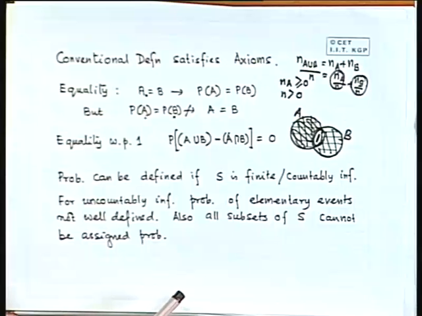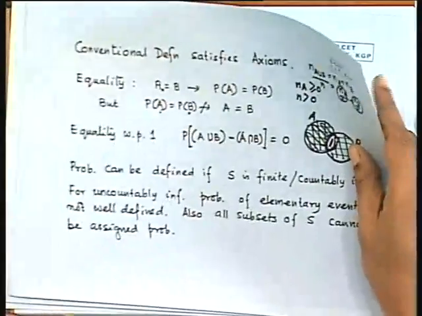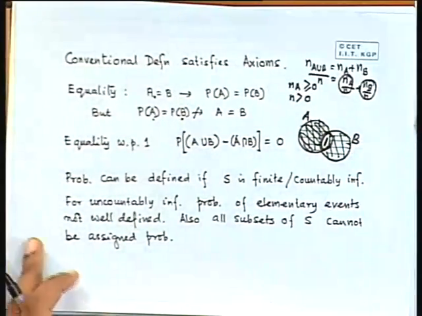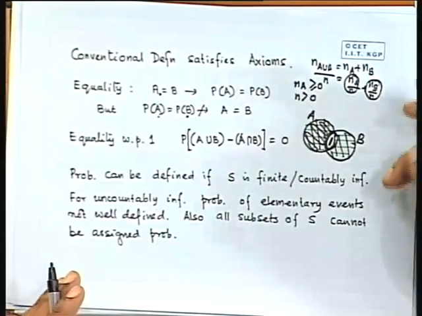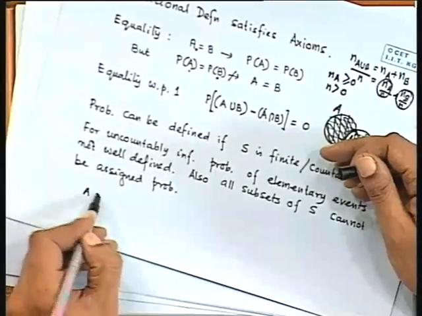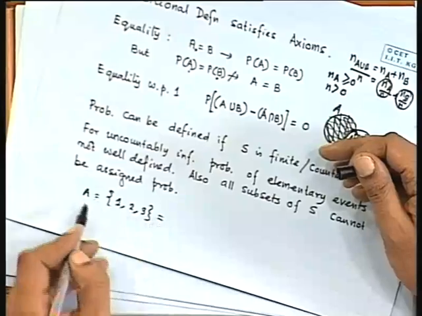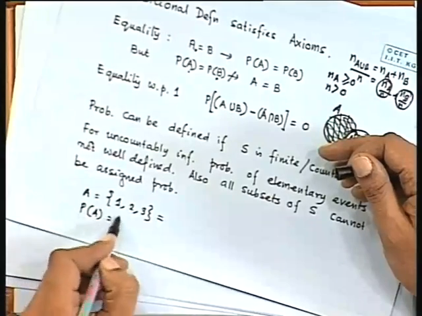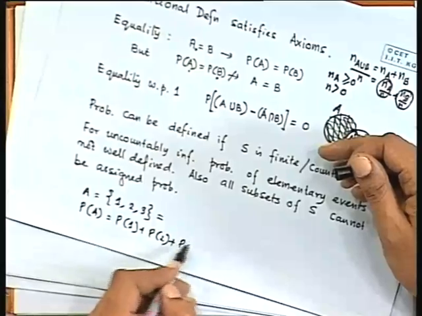Now, if you come to infinite sets, we have seen how you can define a probability. For example, if you have a set A equal to {1, 2, 3}, then you can define P(A) equal to P(1) plus P(2) plus P(3), because they are mutually exclusive events.